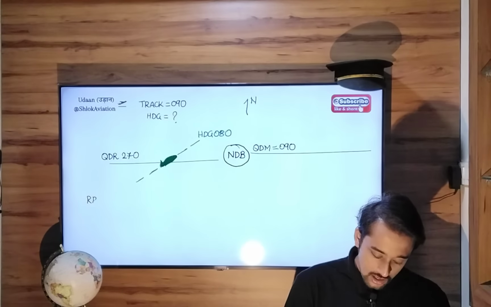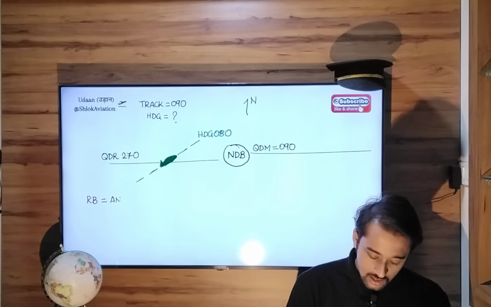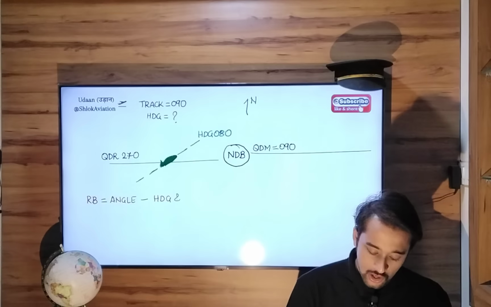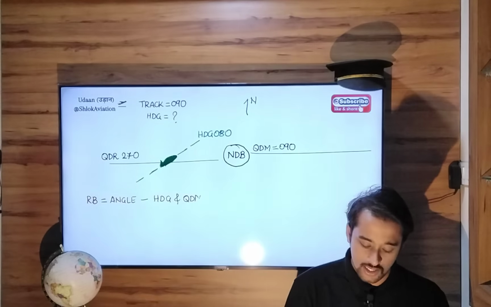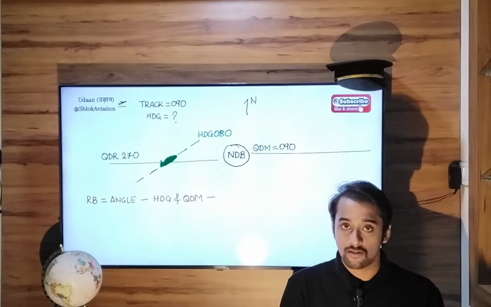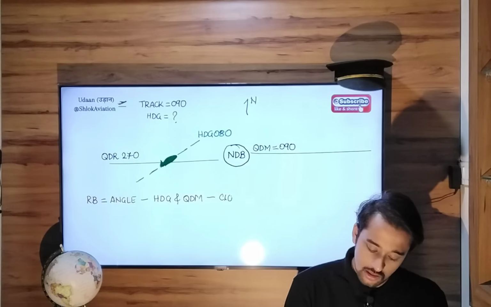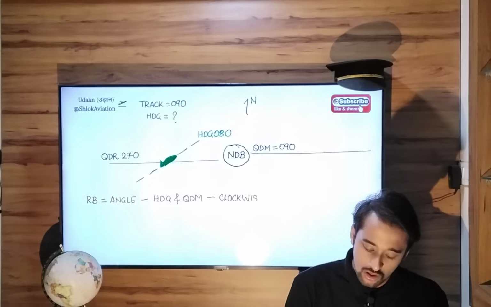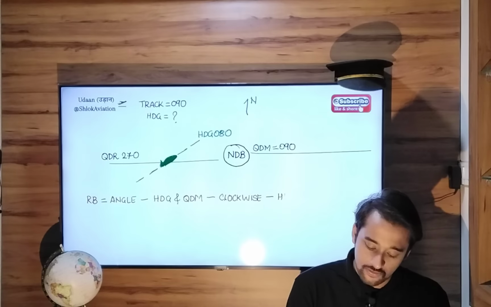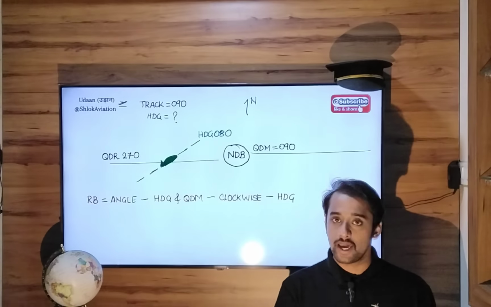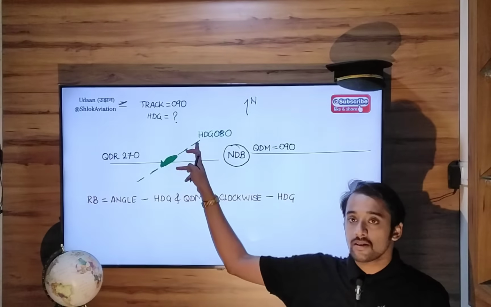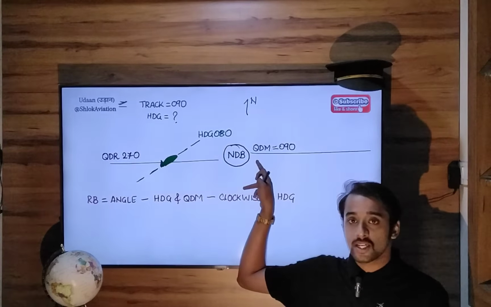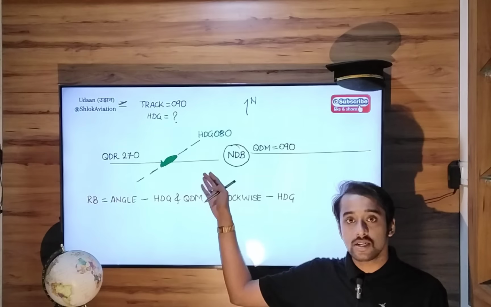Relative bearing is the angular difference between your heading and your QDM, that is track towards the station, measured clockwise from aircraft heading. So this is your heading and this is your track towards the station, which is QDM 090.